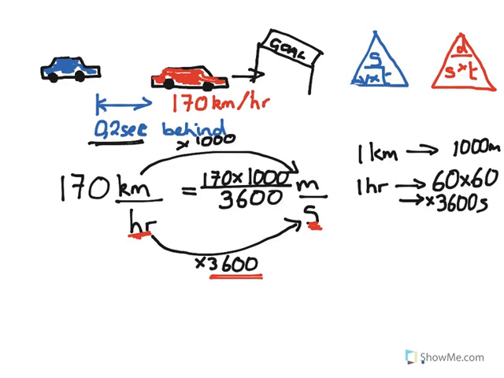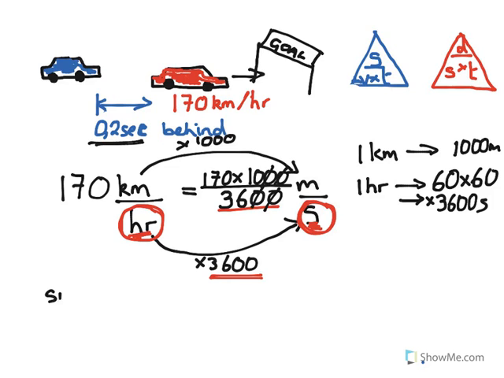Converting hours to seconds we do by multiplying by 3,600. But because it's kilometers per hour, the hour is under the divide line here. The seconds are under the divide line here. We have to keep the 3,600 under the divide line. So that's quite easy then to work out. We cancel 2 zeros here.